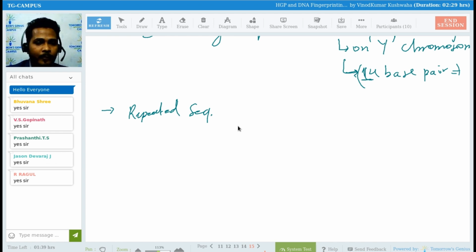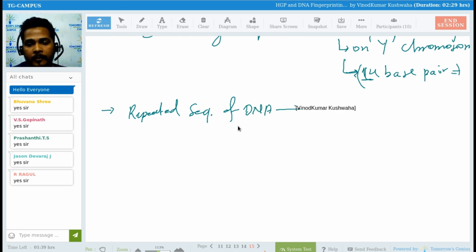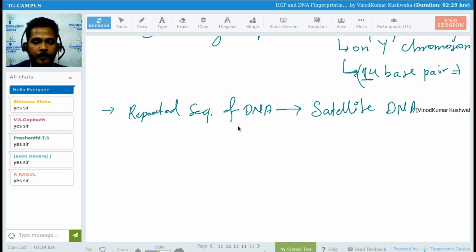This repeated sequence of DNA is called satellite DNA. Okay, it is called satellite DNA.